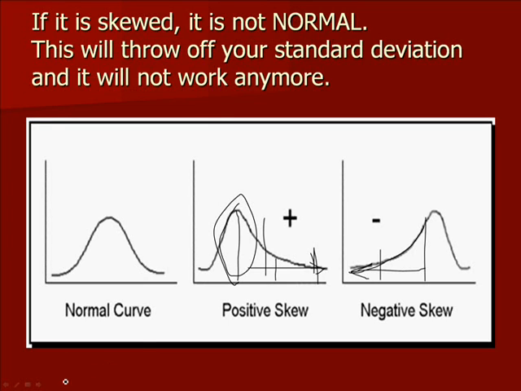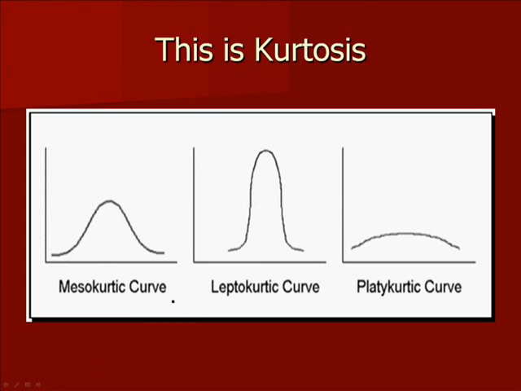The other thing that can happen is something called kurtosis. If we have our normal distribution like this, that's called a mesokurtic curve. One of the things that can occur is if things are not normal anymore, if for some reason our data has changed.